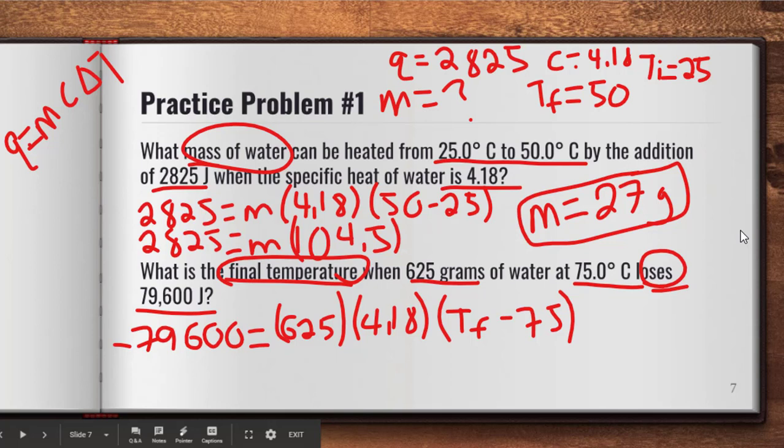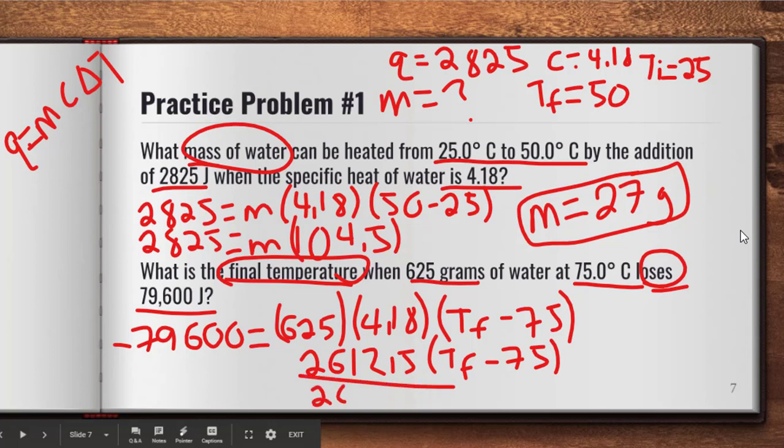So what I'm going to do here is take 625 times 4.18. Okay? So this is going to be 2612.5 times my final minus my initial. It still equals the same value there, so I'm going to divide by 2612.5 on both sides. Let's see what we get.